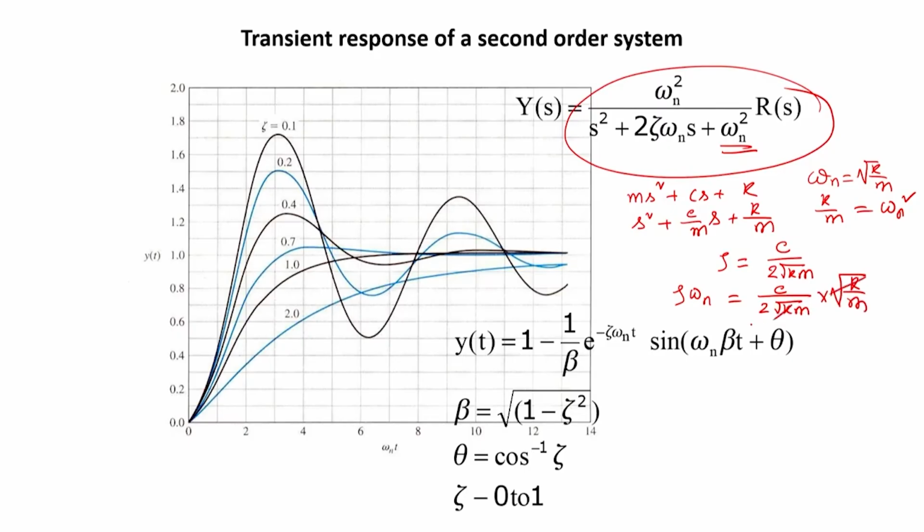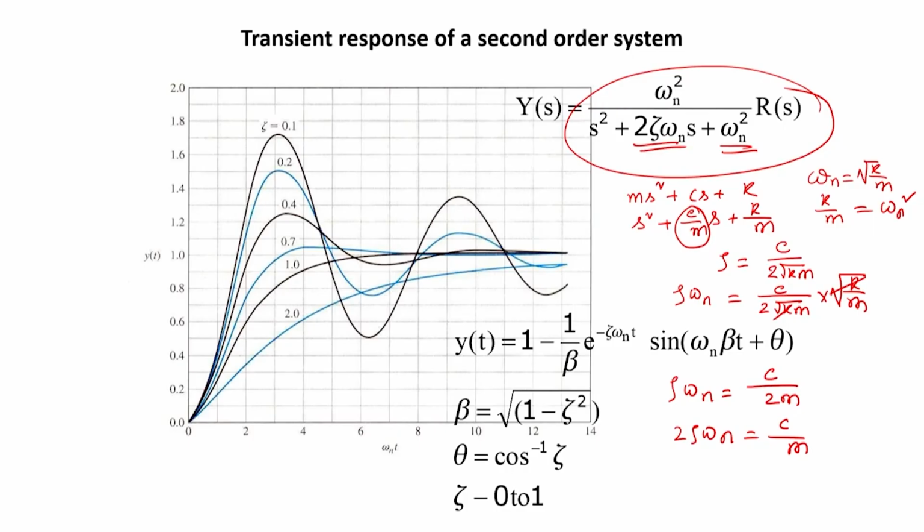That k will cancel, so zeta omega n will be nothing but c by 2m. That means 2 zeta omega n will be nothing but c by m. So, the c by m here becomes 2 zeta omega n. That is the representation of the system.